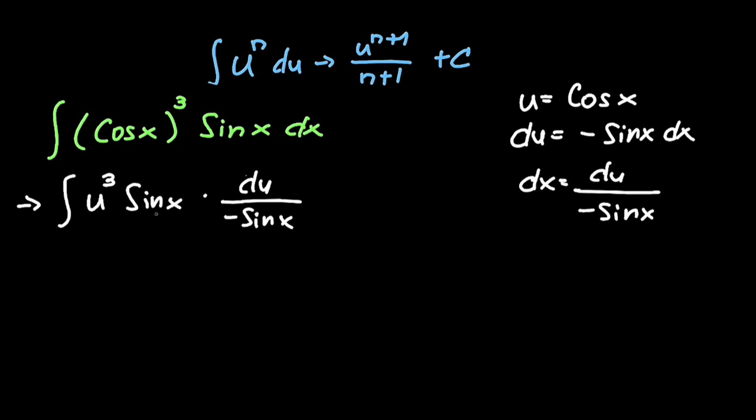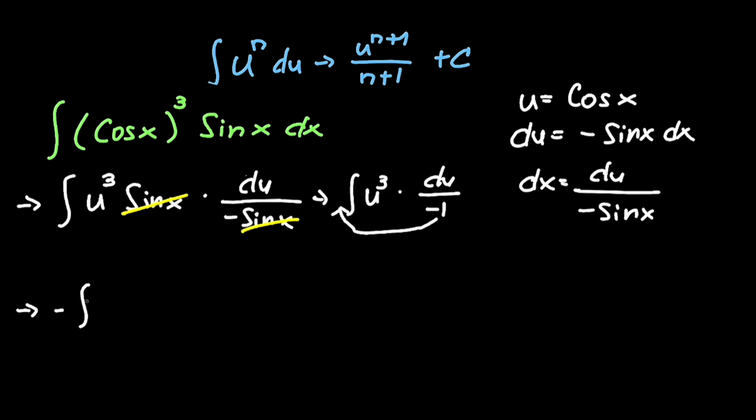The sine of x will cancel each other out, so it would look like the integral of u cubed multiplied by du over negative 1, which you can put outside. So the integral would look like negative integral of u cubed multiplied by du.